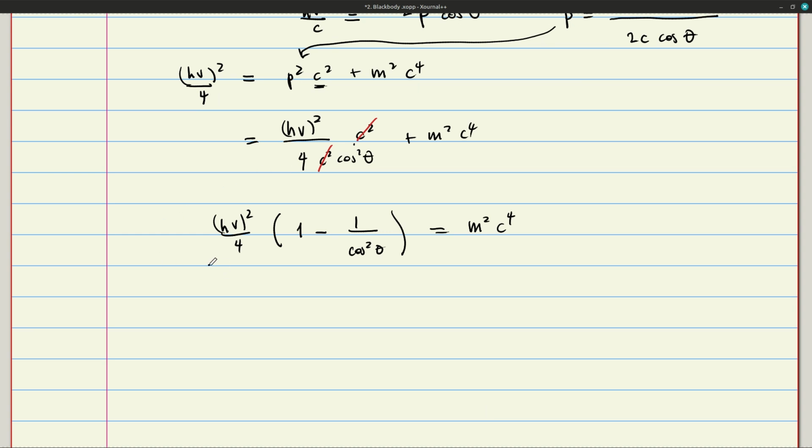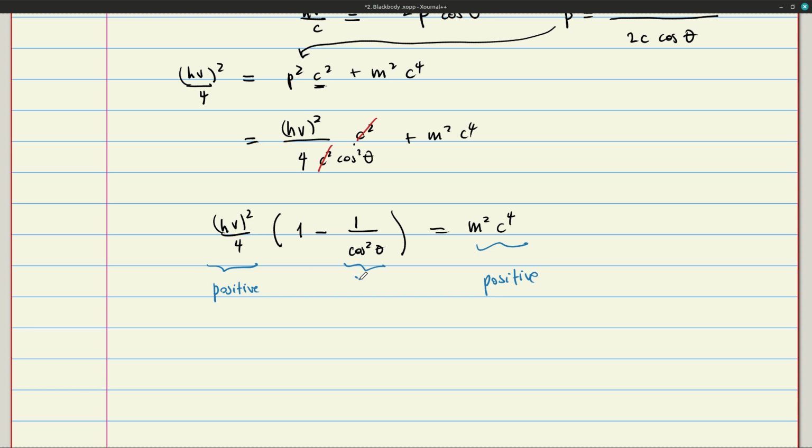Now I look at this equation. So first of all, this side is a square of a number, so this is positive. And this side is m c squared, which are positive constants, so this is also positive. So this is 1, and I know 1 over cosine squared theta is something bigger than 1, because cosine theta is always something less than 1, right?